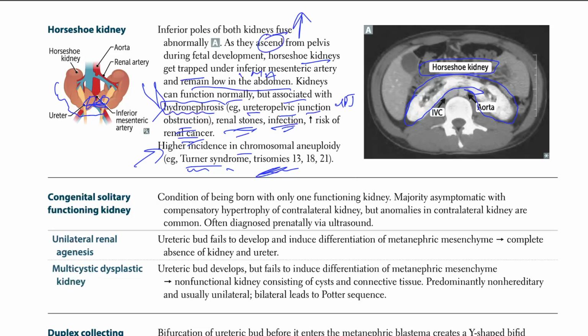So the important point here is, let me change color. The 12th rib, the 12th is the floating rib.